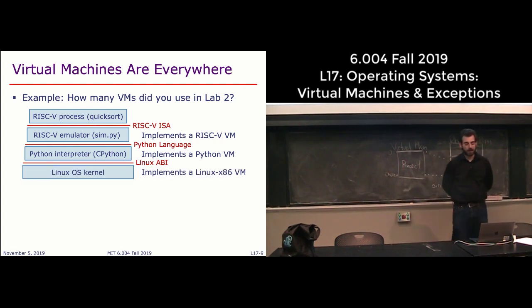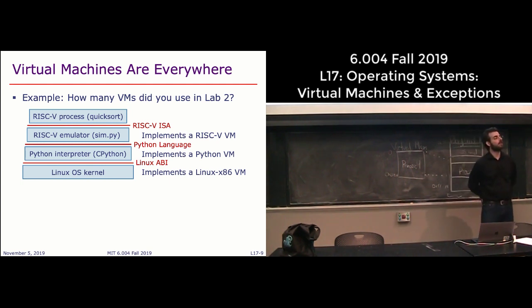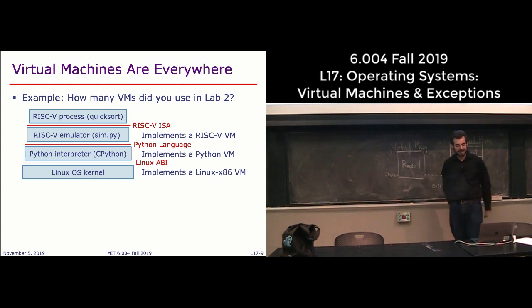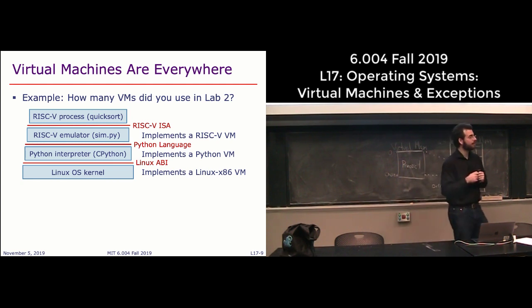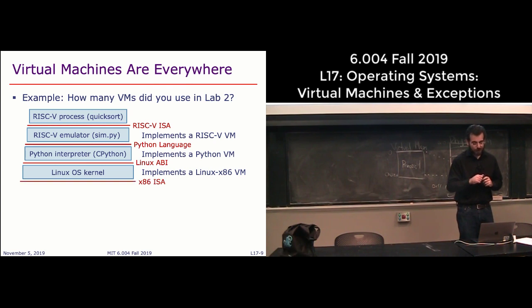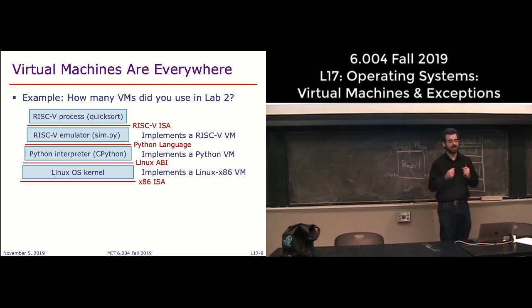And this Linux operating system kernel is implementing a Linux x86 process level virtual machine. Right? It is giving system calls. It is giving all of the facilities that we've seen so far in this lecture to this Python interpreter. Files, I/O, and so on. Good? Okay.